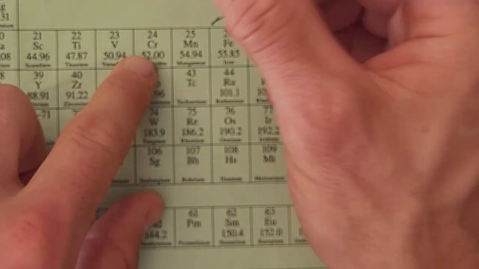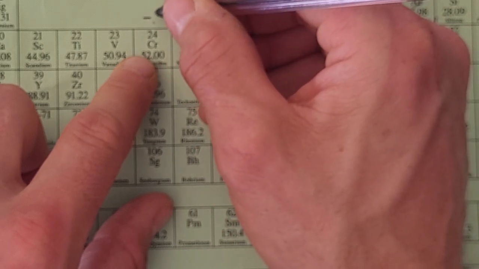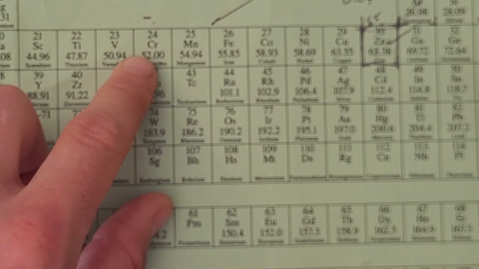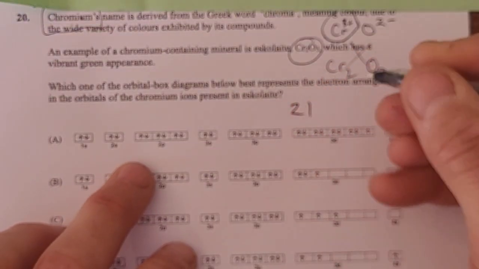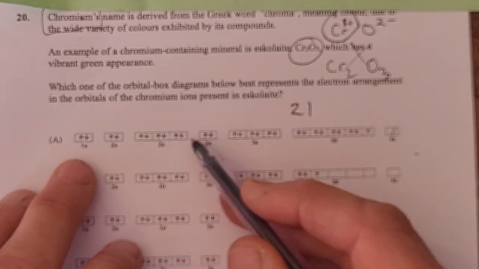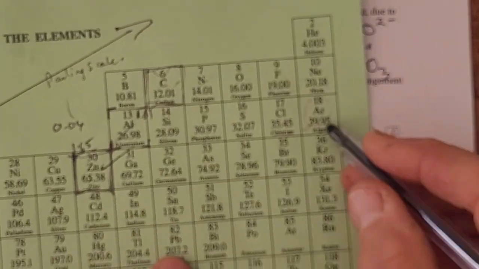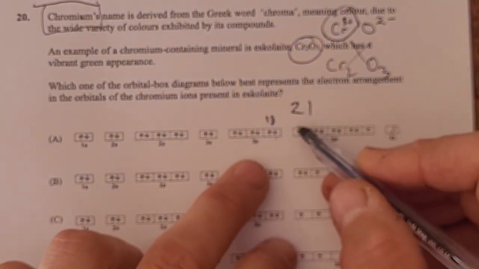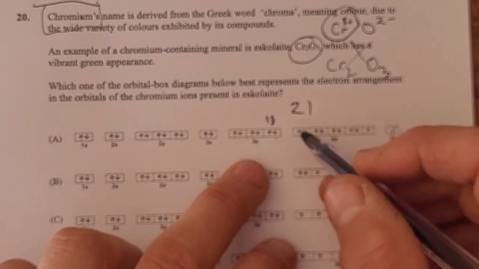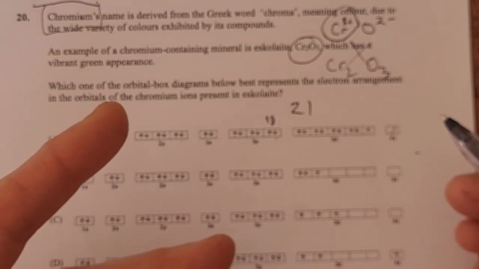Normally it has 24 as an atom, but here it's lost 3 electrons because it's a +3 ion. So we're looking to allocate 21. So 2, 4, 6, 8, 10, 12, 14, 16, 18. So this is up to argon. And so we've got 19, 20, 3 extra to allocate.